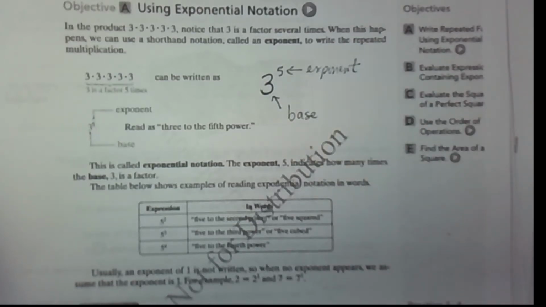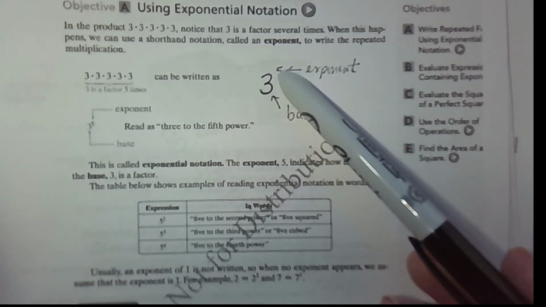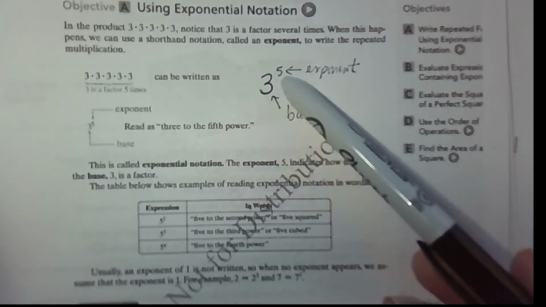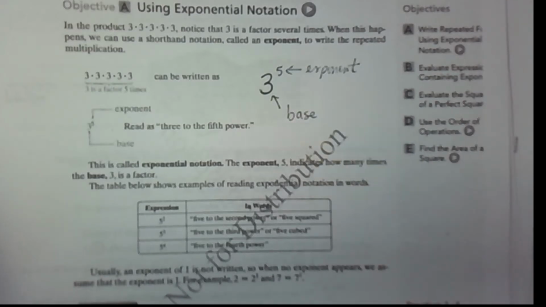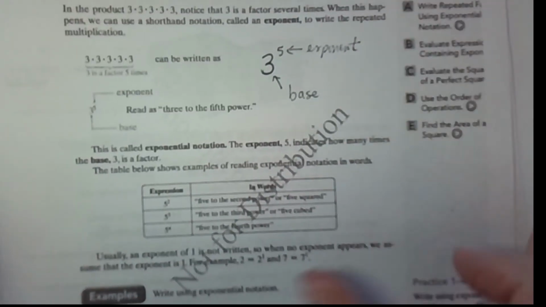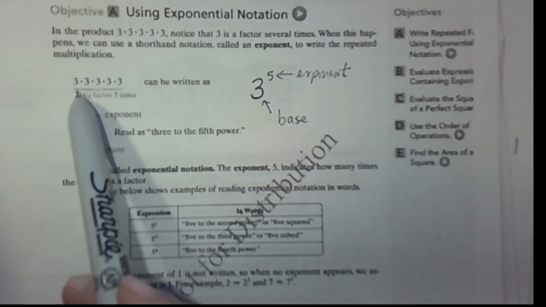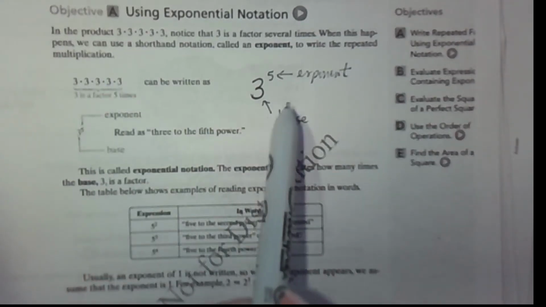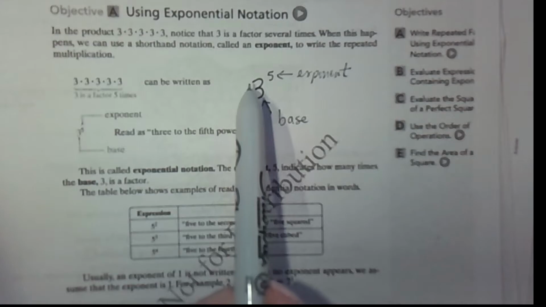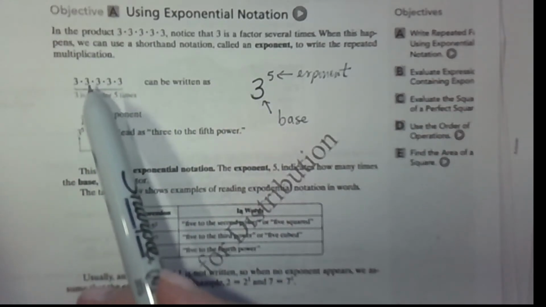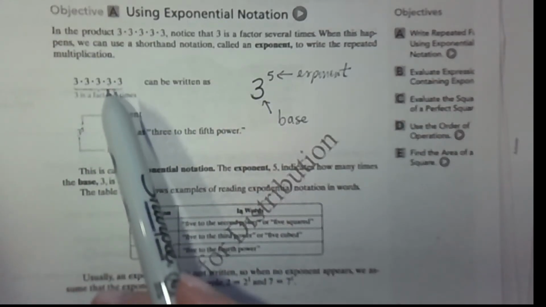Keep in mind that you will never multiply the base times the exponent. This is not going to be 15. We don't say 3 times 5. Exponential notation is really just a shorthand that keeps us from having to write out so many multiplied factors. 3 to the 5th power really means 3 multiplied by itself 5 times.